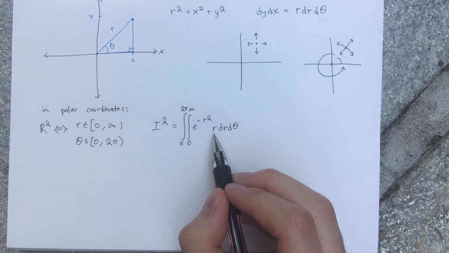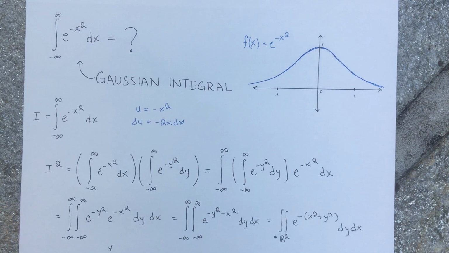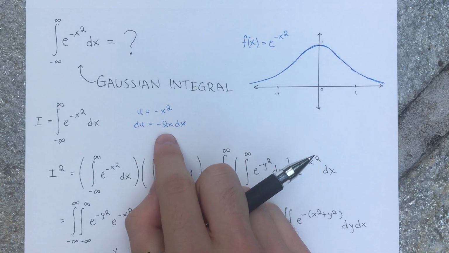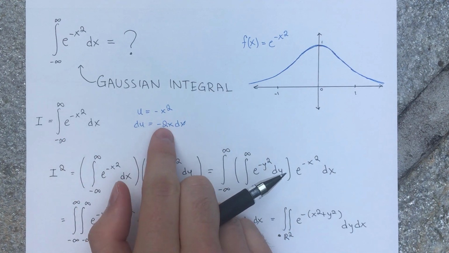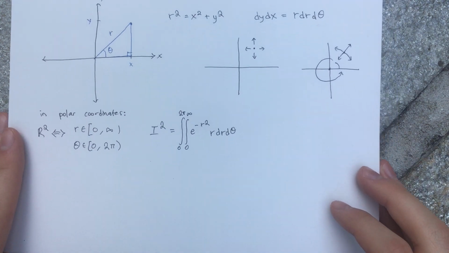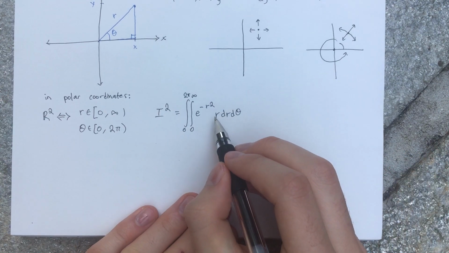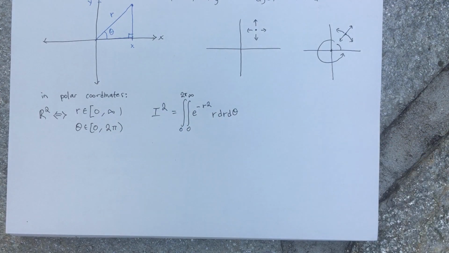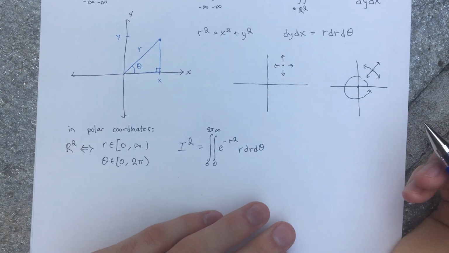And now if we can see, there's an extra r here. So if you remember from the earlier steps, we needed this x dx if we wanted to do a u substitution. But now we do have this x, but here it's an r. So we actually can do a u substitution. So let's do that.